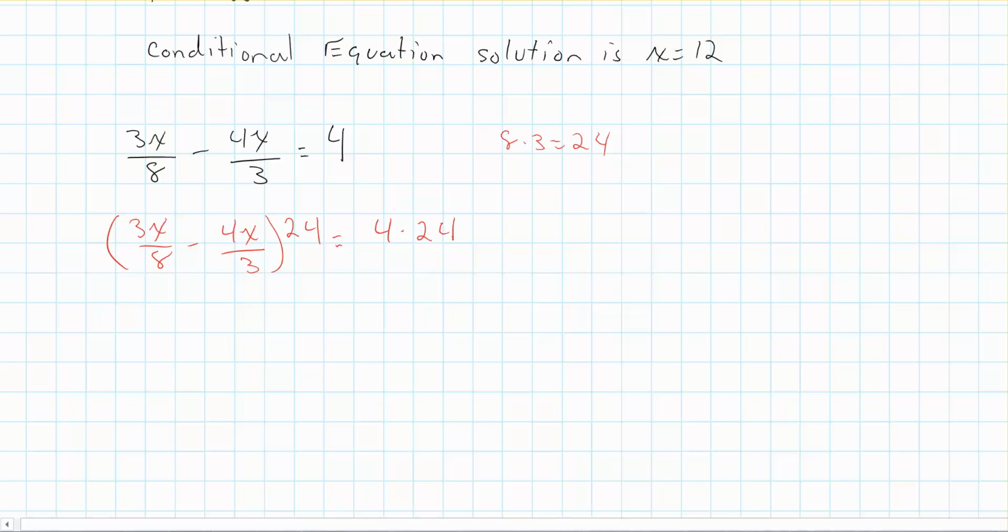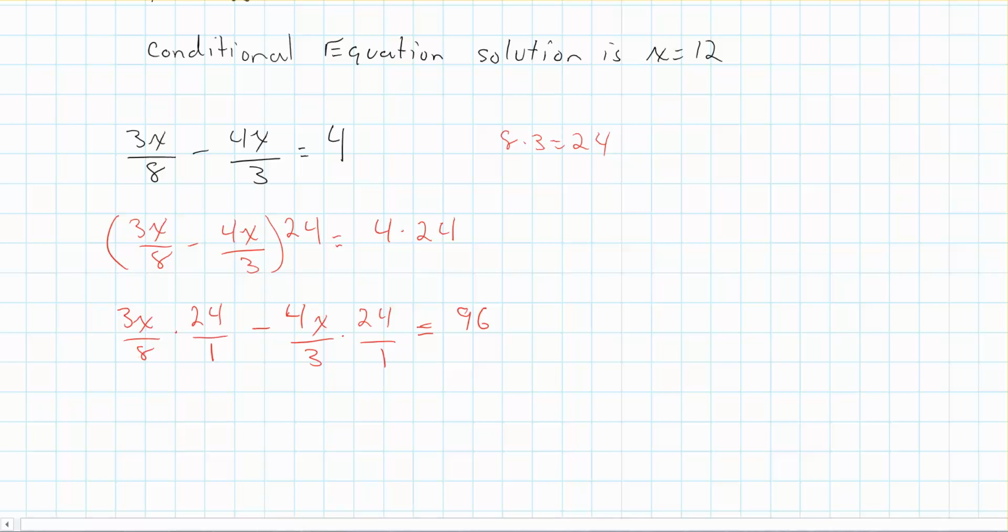If we multiply both sides of the equation by 24, I'll take it in a couple steps here. You'd have 3x over 8, and I'm not going to do this every time, but 24 would be 24 over 1, minus 4x over 3 times 24 over 1, and then of course we can just do 4 times 24, which is 96.